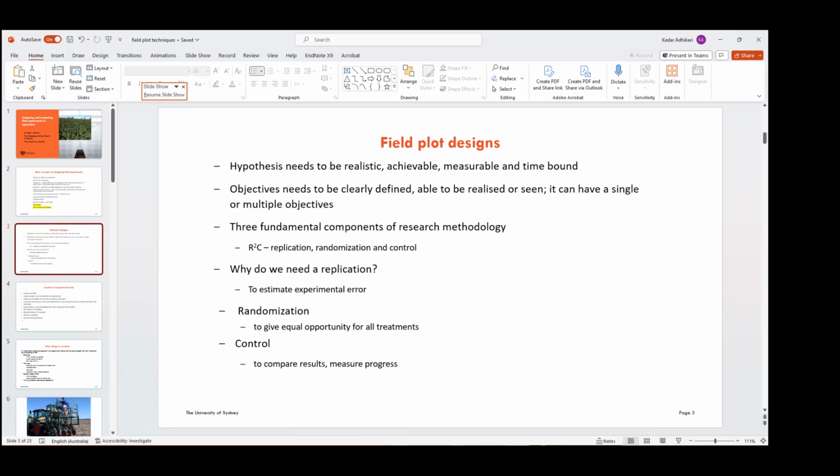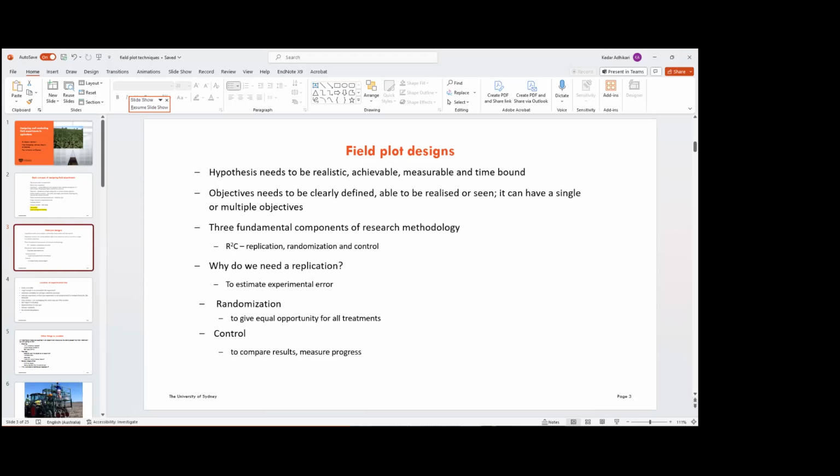For example, if you are testing different varieties, you want to know whether some varieties are yielding higher than your controls, because that's what you want. You don't want a variety that is lower yielding than the control or the same as the control. You want better than what you already have. That's why we must have a control for any experiment we do.